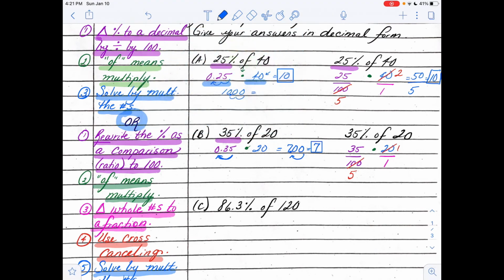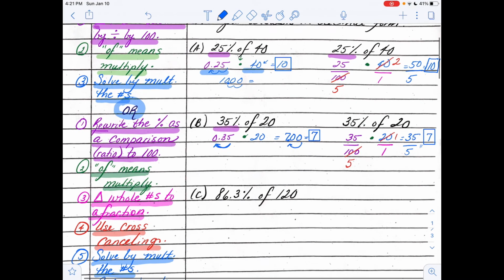And now let's multiply. I get 35 over 5. Again, I can't leave a fraction, so I need to reduce it. 5 goes into 35, 7 times.